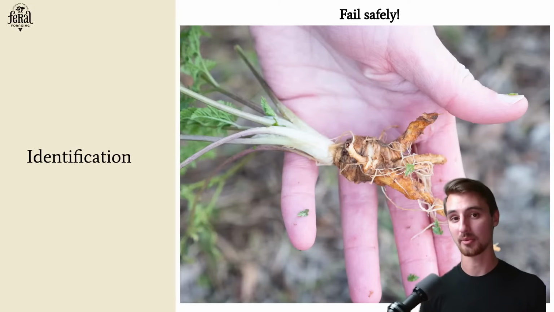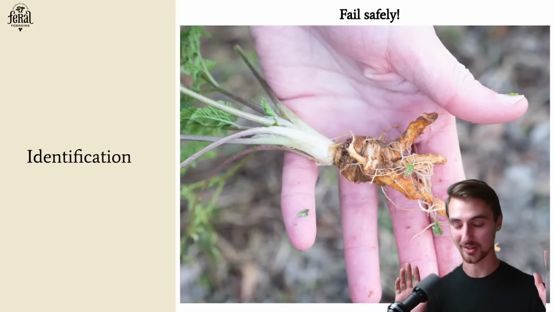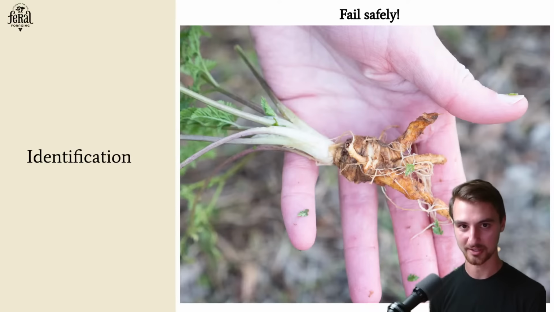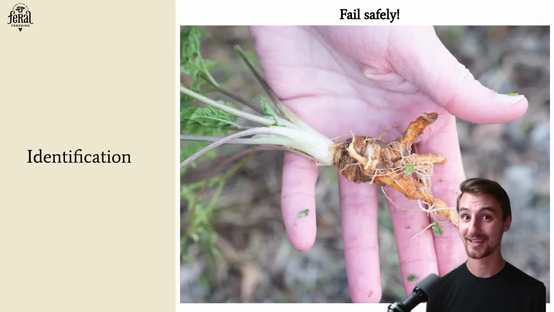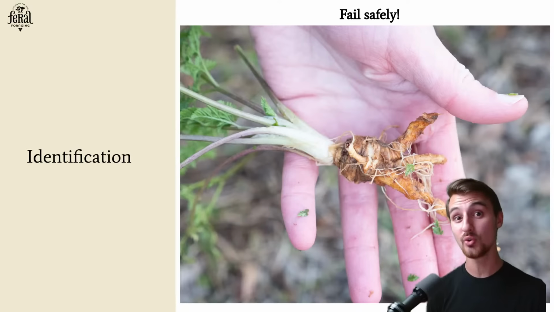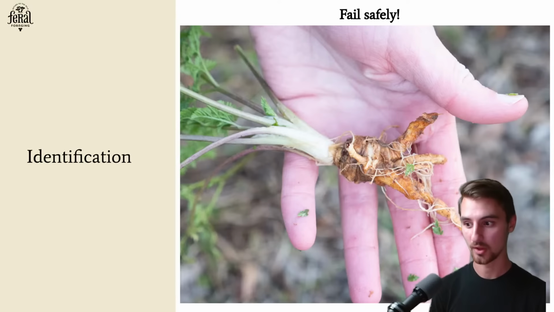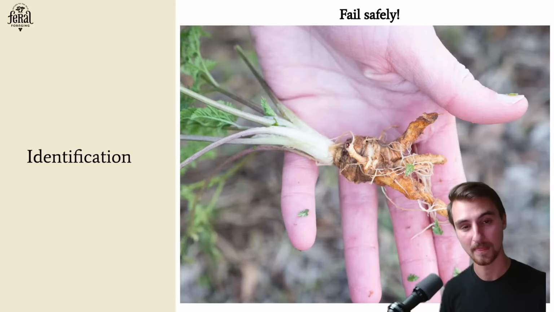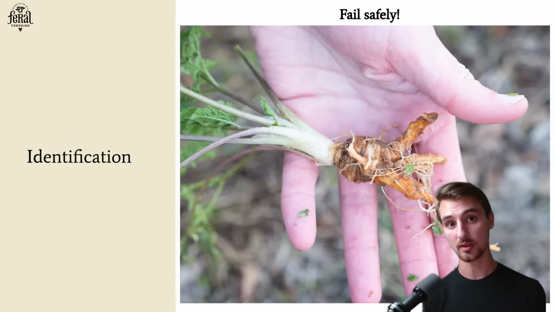Another one that people talk about all the time, which drives me crazy, is they're like, oh, wild carrot smells like carrot. Okay, yes. But poison hemlock can smell like carrot to a degree as well. So if you've been paying attention to what we've been learning, this is red flags everywhere. For one, it's a situation where we can't fail safely: oh, this smells like carrot, so it's carrot. Nope, big mistake. And two, that is not a binary characteristic.